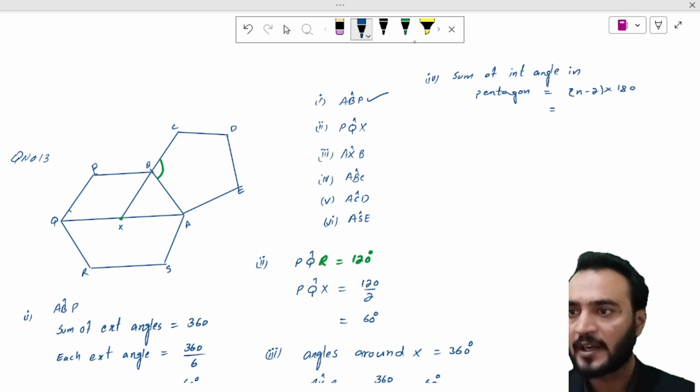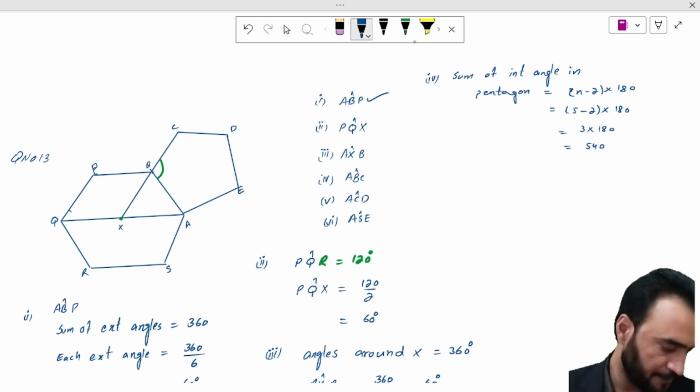We put n equal to 5 because a pentagon has 5 sides. So 5 minus 2 times 180 means 3 times 180, and multiplying 180 by 3 we get 540.